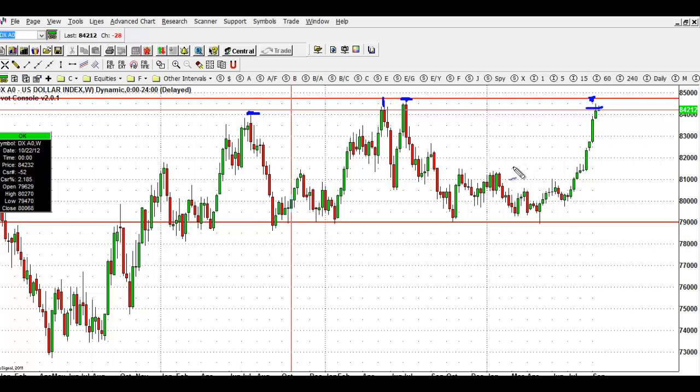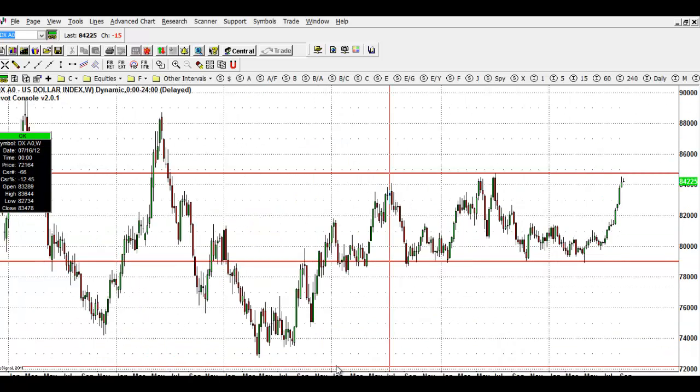Now, if the market tests this level and fails, we would be in a channel situation. As you can see, market found support at this 79 level and is finding resistance up near the 85 level. So we could effectively be in a channel type of situation here with the US dollar index.